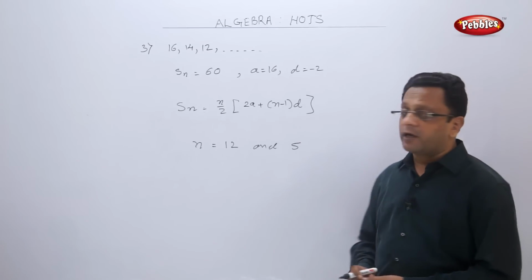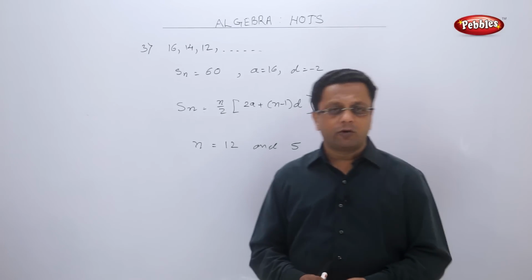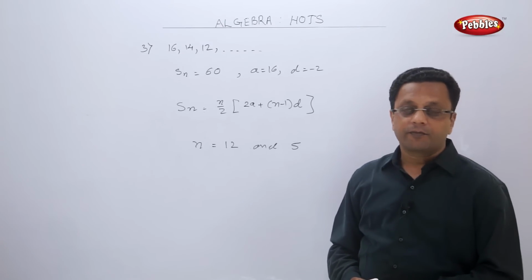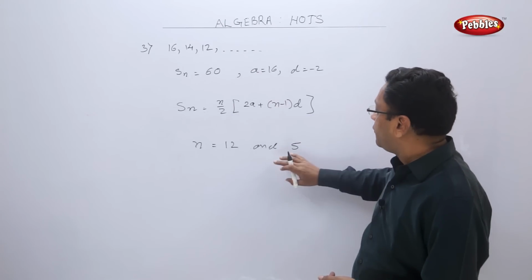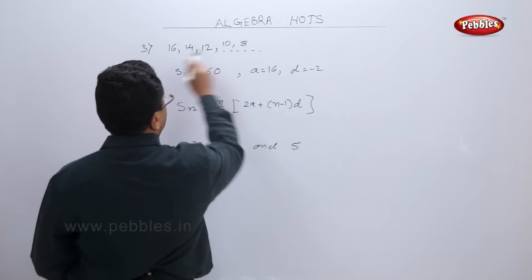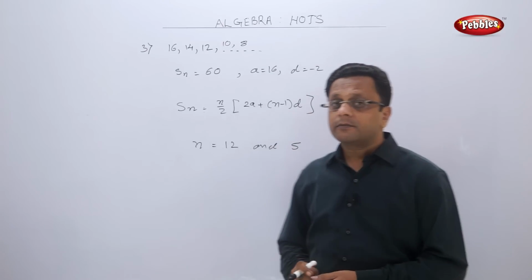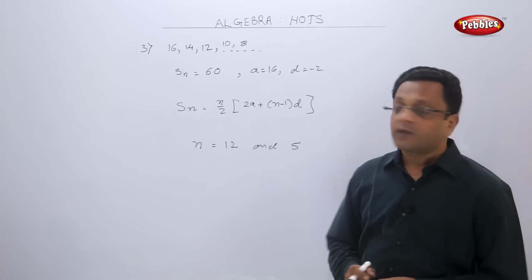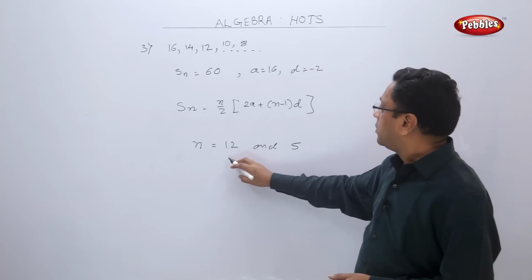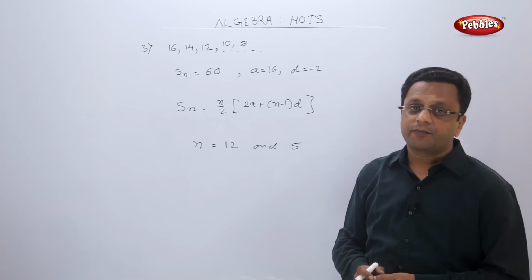Now they have asked why we get two values. It is possible to get two values because this AP is in descending order. So if you check for 5, I have 16, 14, 12, 10 and 8. These are the 5 terms which give me the sum 60. As I go on up to 12 terms, what will happen?